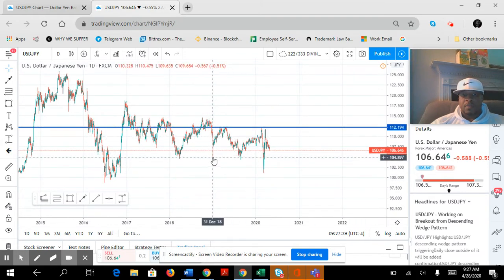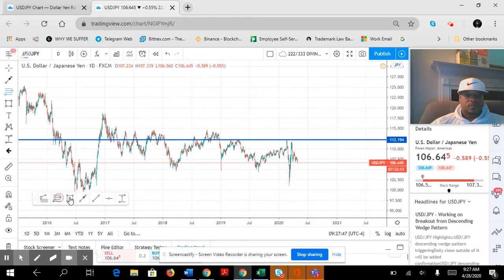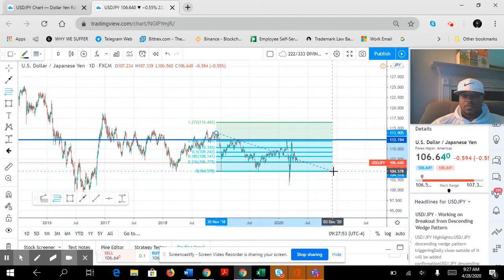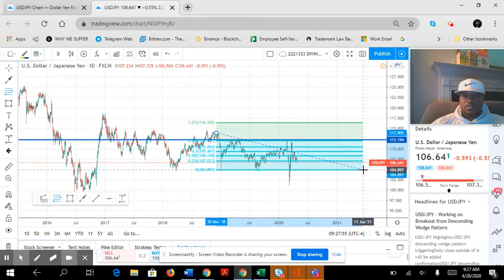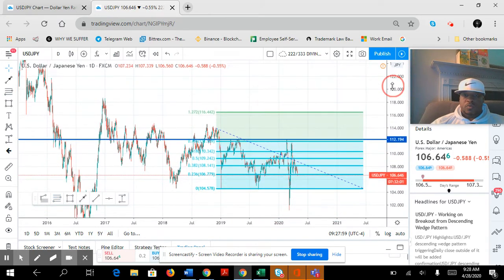Nice pull down, back. All right, let's measure it. And it does take a little time for you guys to understand how the move works. Okay, you gotta remember the rules.